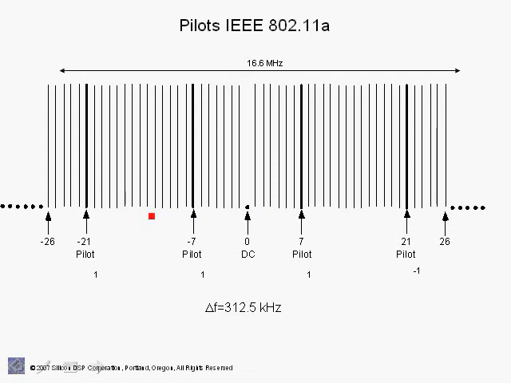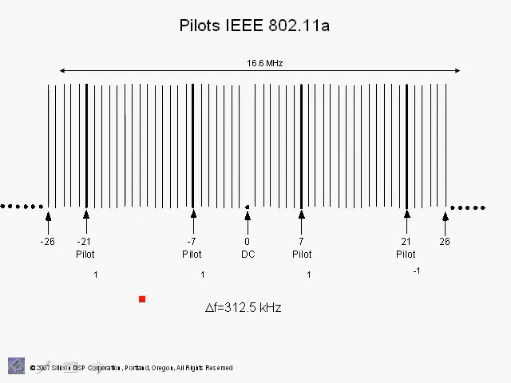You have 48 data carriers, and you have 4 pilot carriers with a total of 52. So these pilots are used in 802.11a implementations in order to not only estimate the channel after the initial acquisition and channel estimation equalization, but if the channel does change due to motion, for example, you have Doppler shift, you can actually track the channel changes using the pilots.